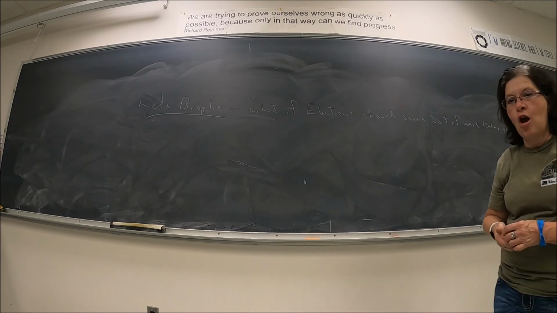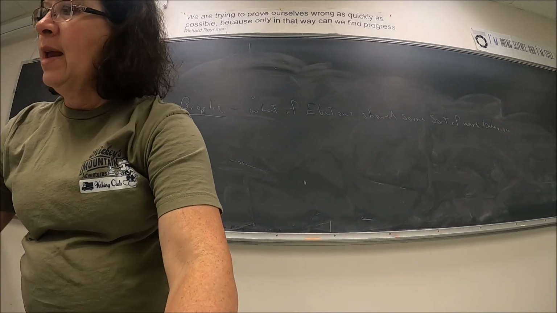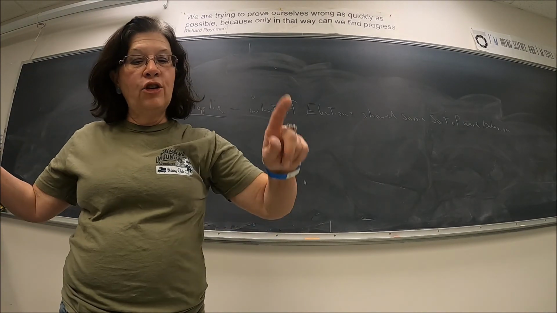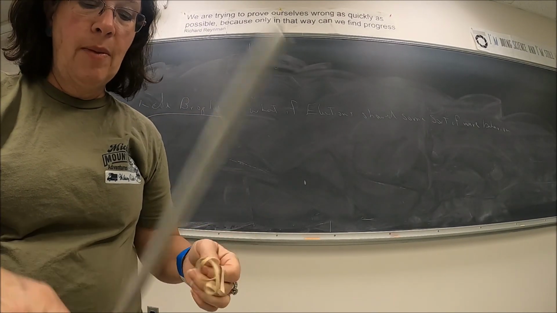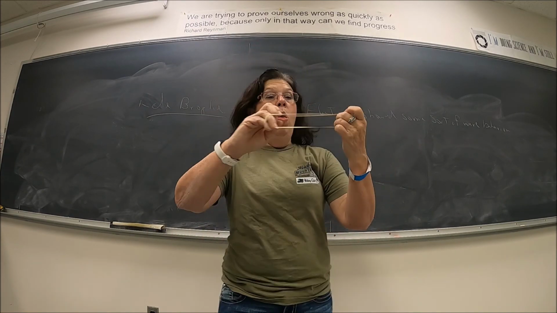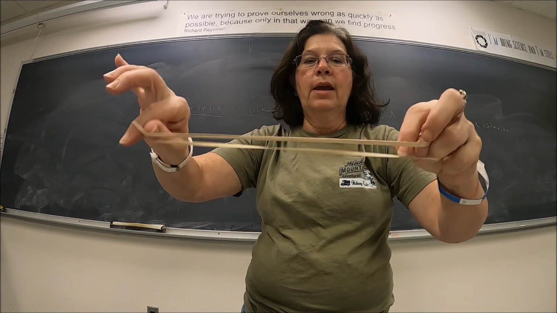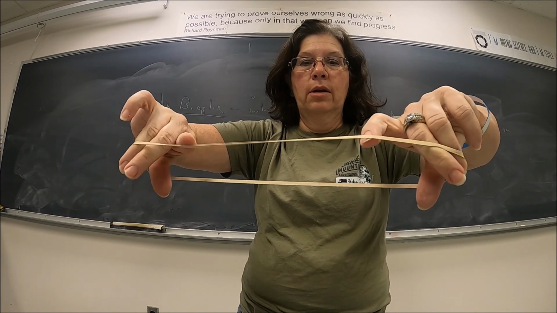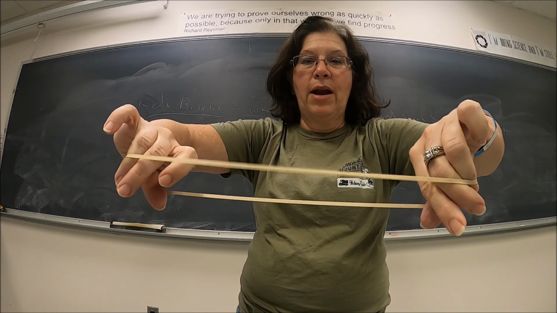Now, you can try this at home. You can get a string and tie it off and hold one end taut, and you can pluck it. And you'll see it vibrate. I've got a rubber band here. Let's see if I can do it with this rubber band. So if I stretch the rubber band here and I pluck it, you can see it vibrate.